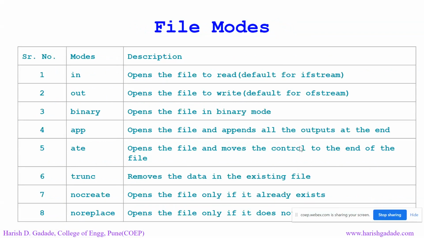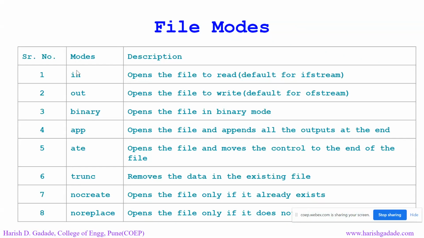So binary opens the file in binary mode, and app opens the file and appends all the output at the end of the file. Because when we perform a write operation on the file, suppose I want to add some contents into the file, and you are using the in operation or out operation, when we apply these two operations, the file pointer comes to the first character.